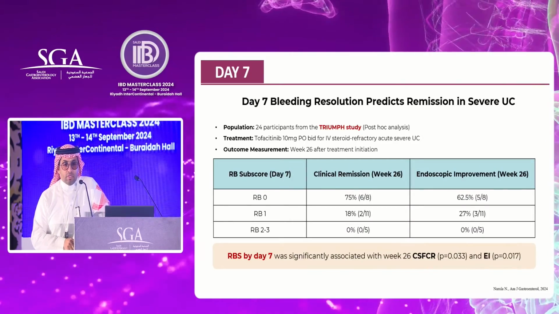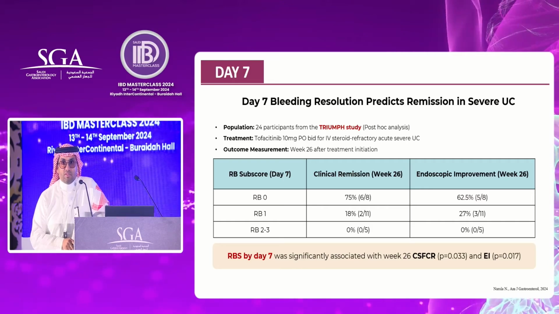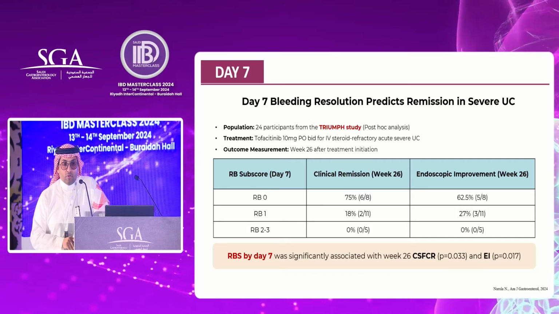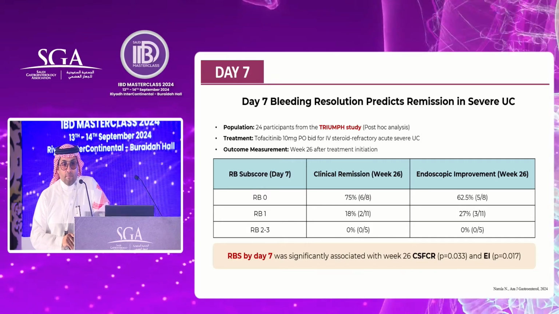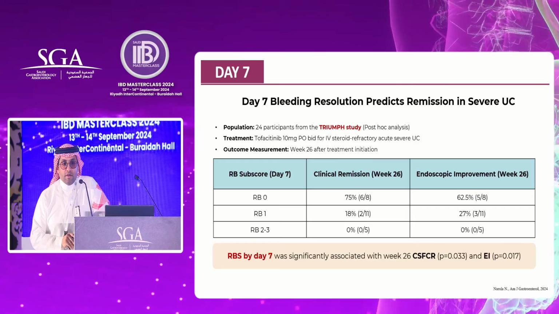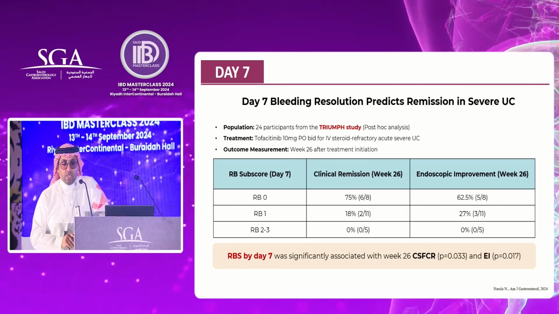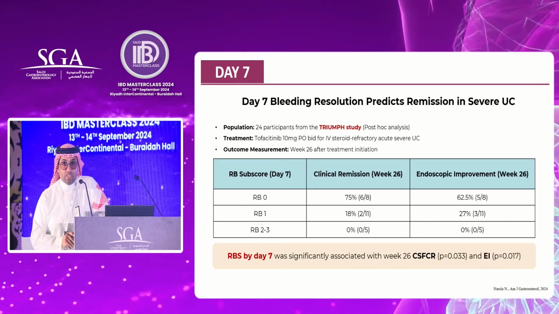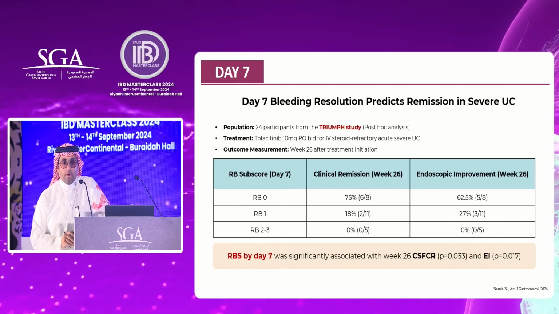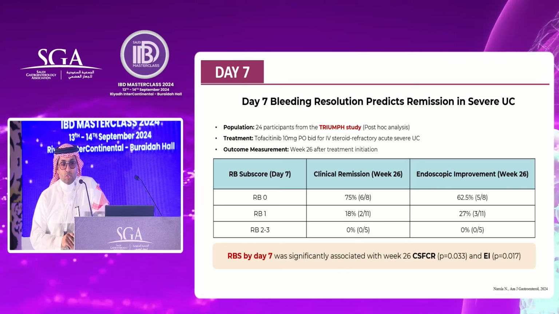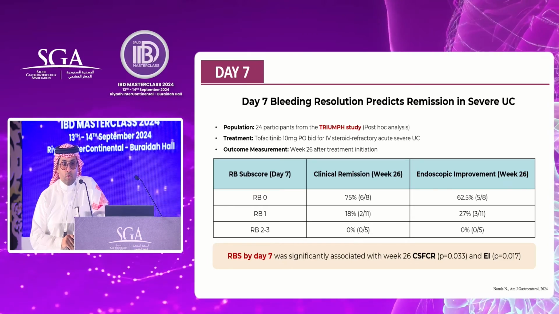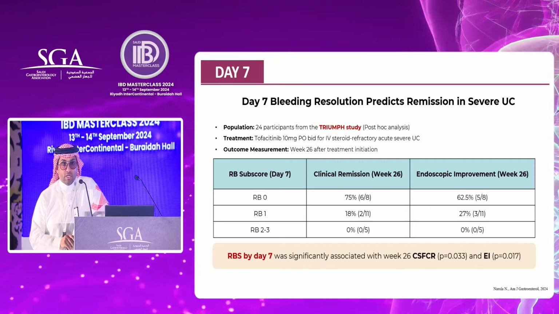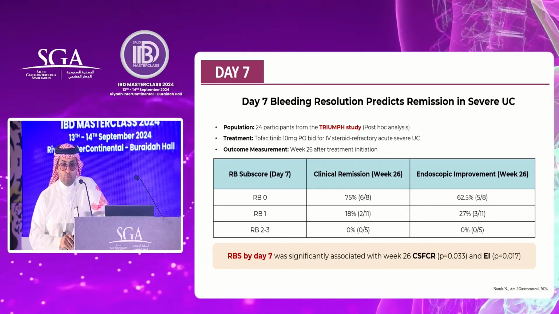This is an important post-hoc analysis from the TRIUMPH study showing there is a predictor at day 7. They found that if the rectal bleeding subscore is 0 by day 7, clinical remission is reached in up to 75%, and endoscopic improvement is 62%. The rectal bleeding subscore by day 7 was significantly associated with week 26 steroid-free remission and endoscopic improvement.